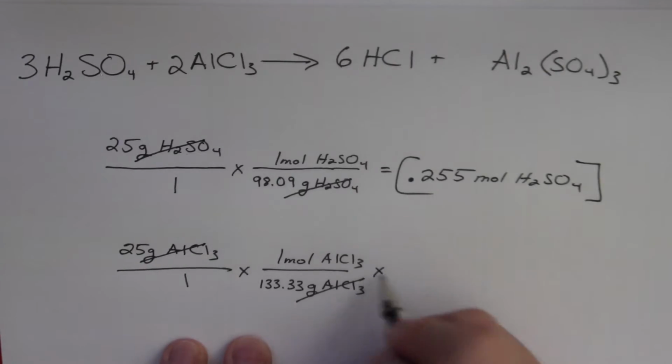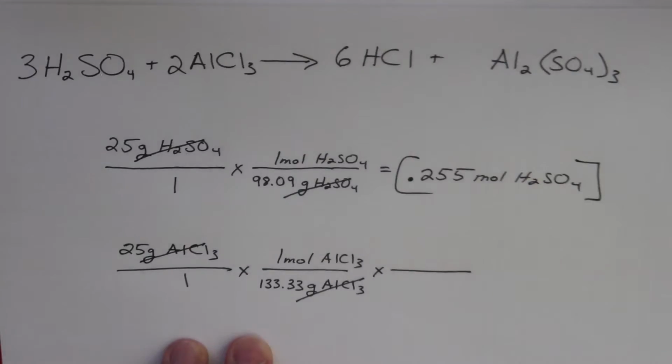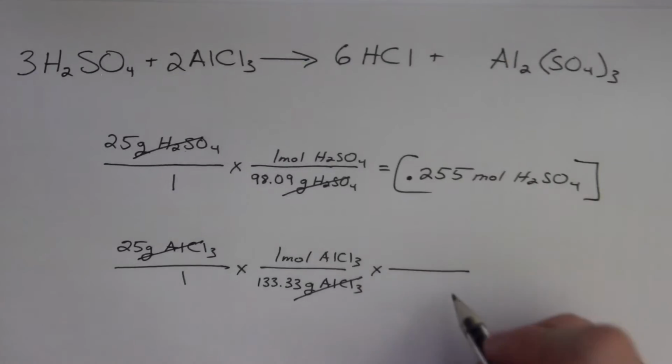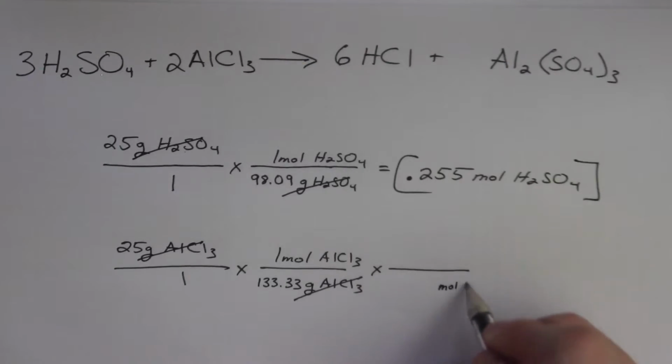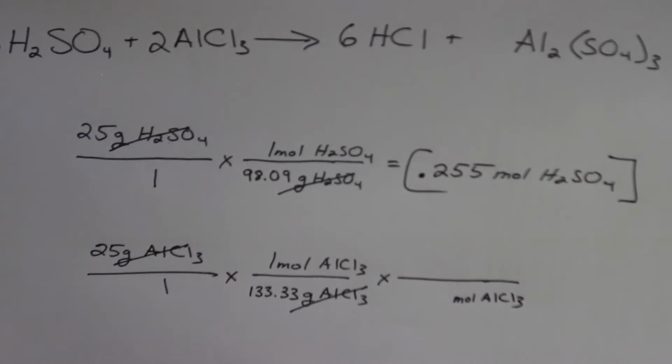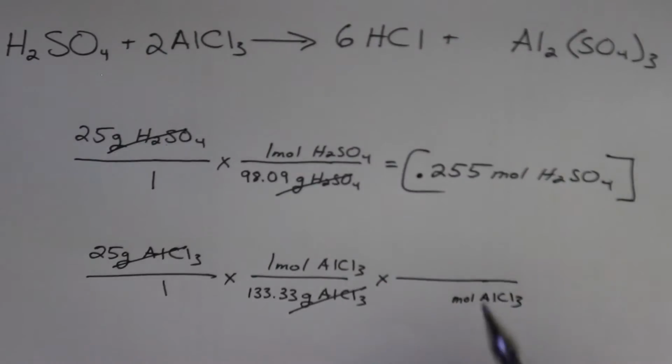The second part we have to do is where we're going to have our mole ratio. So if we have moles of AlCl3 on the top, we are going to have moles of AlCl3 on the bottom in order to get them to cancel. Now if we have moles of AlCl3 on the bottom, the top is what we're going to be trying to get to.